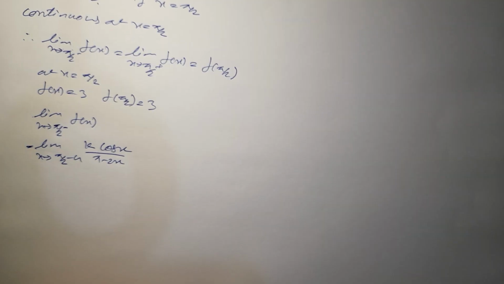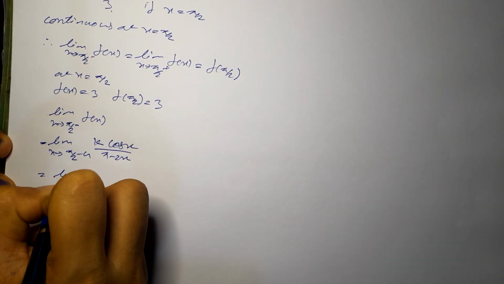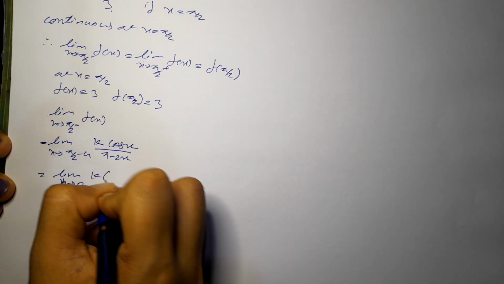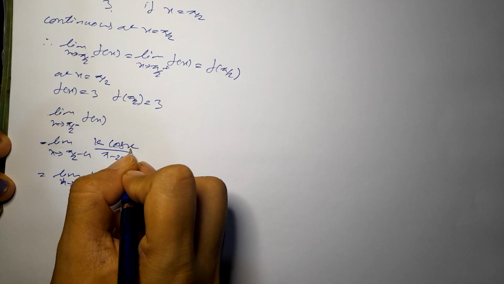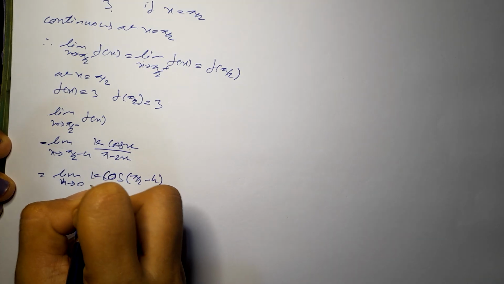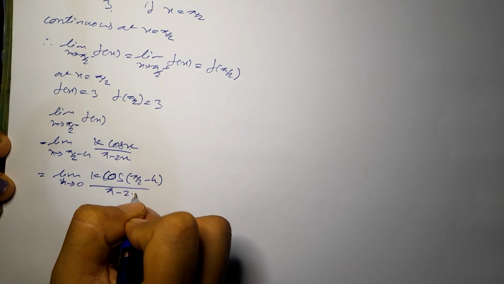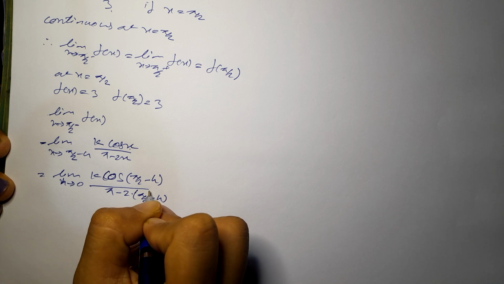Now replace it: limit h tends to 0, k cos, instead of x it will be pi by 2 minus h, divided by pi minus 2 times pi by 2 minus h.